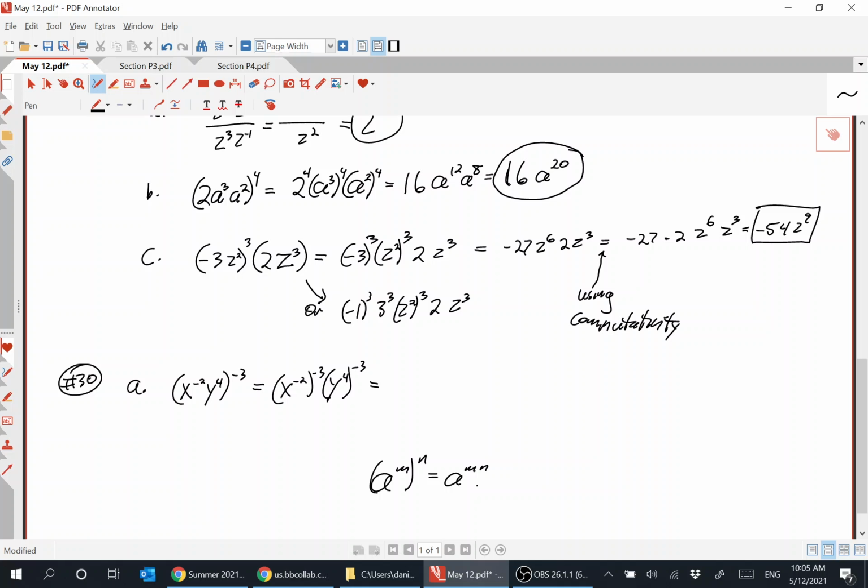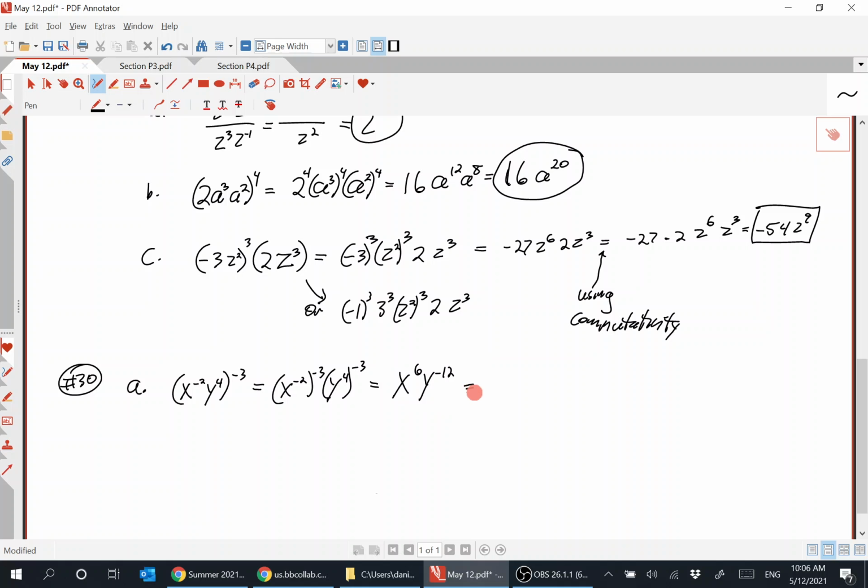Okay, so it still works with some of those exponents being negative. So this becomes x to the 6 times y to the minus 12. Now, in my book, that's fine. That's an acceptable answer. It's written as elegantly as possible, without any unnecessary symbols.